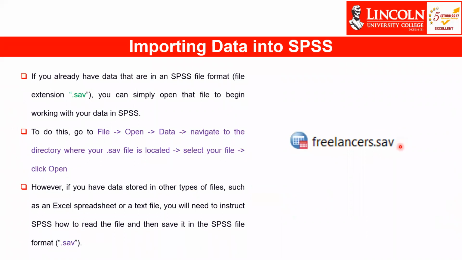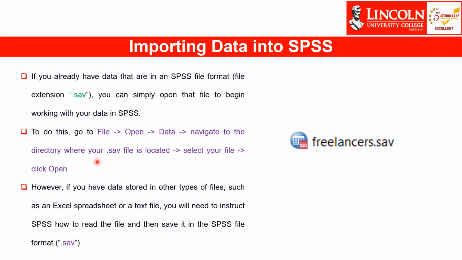If you already have data in an SPSS file format, you can simply open that file to begin working with your data in SPSS. To do this, all you have to do is click on File, Open, Data, then navigate to the directory where your .sav file is located. Then select your file and click Open. That will open your data inside your SPSS environment.